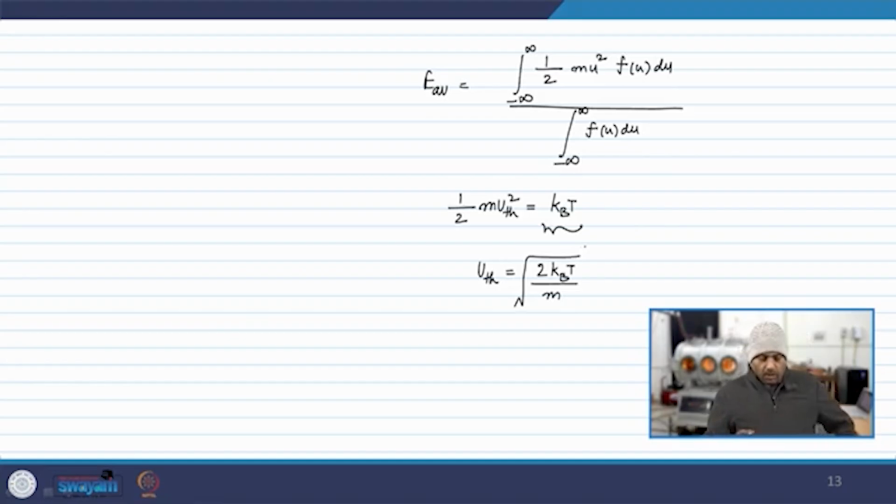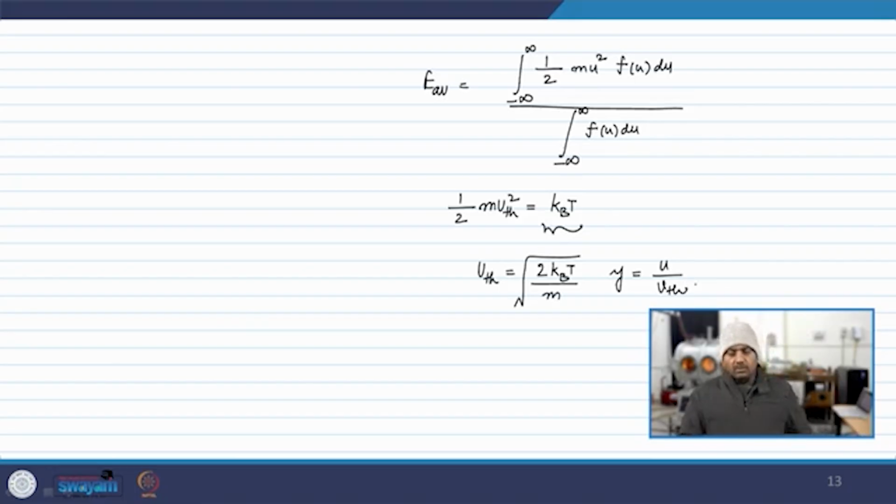Okay. Now, let us say for simplicity we are trying to solve this E average, right. Let us say we write the ratio y as u by Vth. u is the one dimensional velocity, Vth is the thermal velocity.